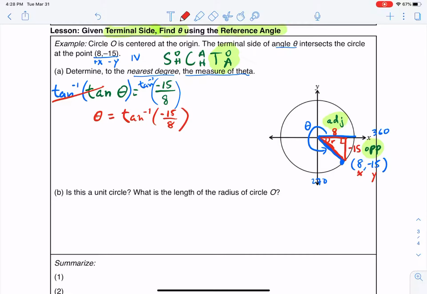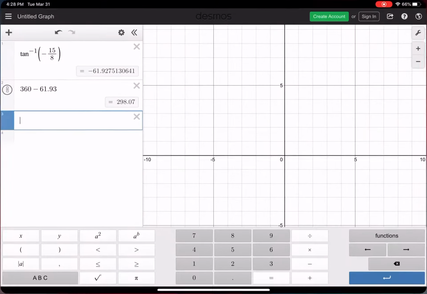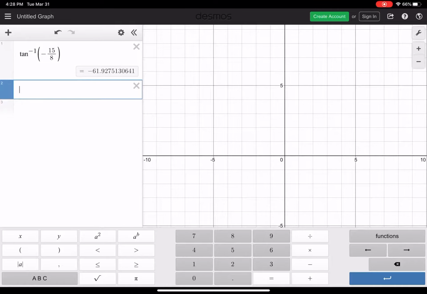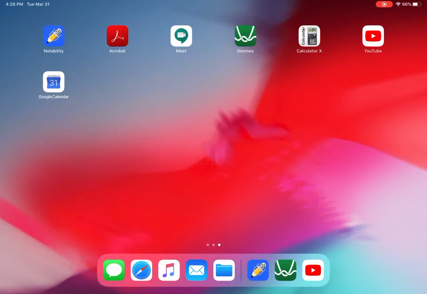All right, let's turn to our calculator to calculate that angle measurement. Well, I already input it in before. So tangent -1 of -15 over 8 is -61.93 if we round to the nearest hundredth.